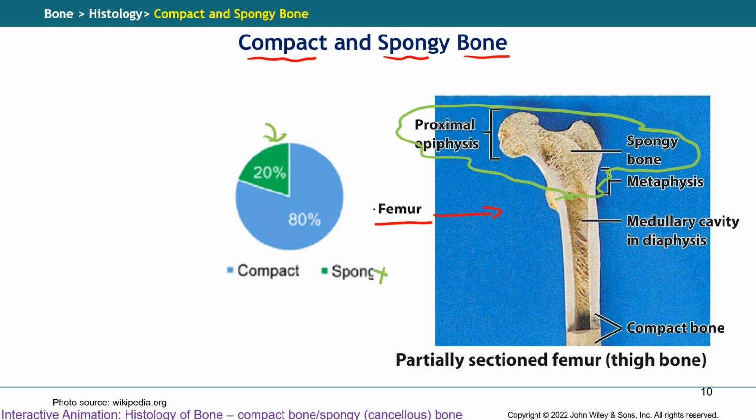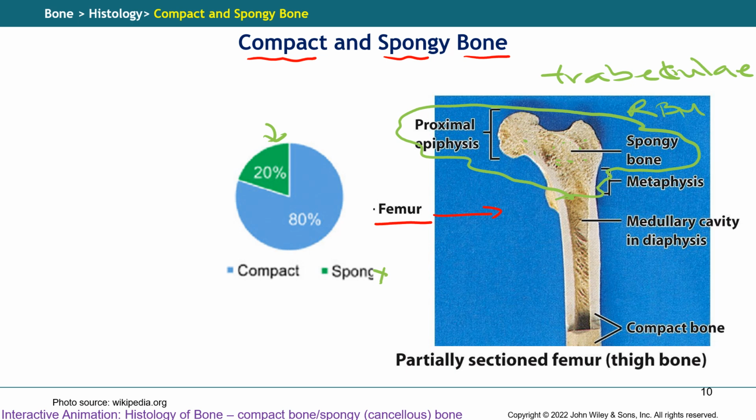Because it has the structure of a sponge, that has all these tiny irregular cavities where you will find the red bone marrow, so there you're going to produce blood cells, and all these structures are called trabeculae. I will show it to you later. So the first type of bone, that is less dense, that is not very packed, is the spongy bone.